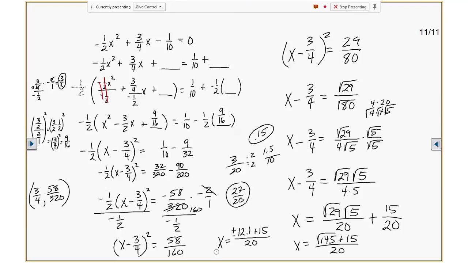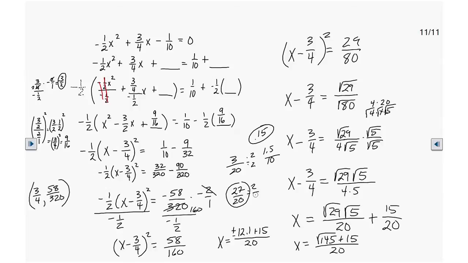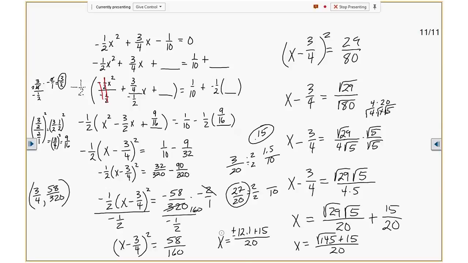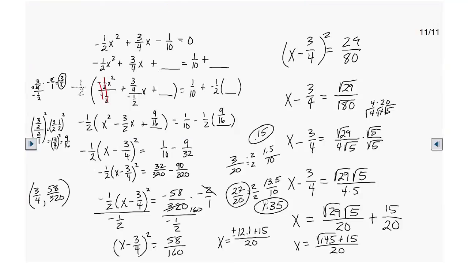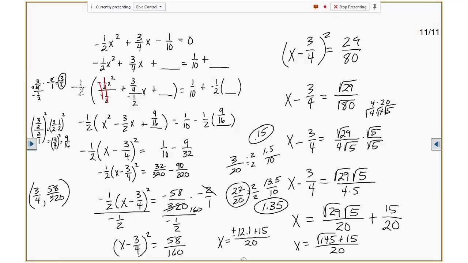That's one x-intercept. And then 27 divided by 2 is what, 13 and a half? You can check me on that. 13 and a half, so that's going to be 1.35. Both of them positive? Yeah. So your x-intercepts are 0.15 and 1.35.